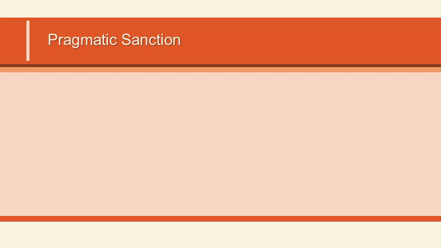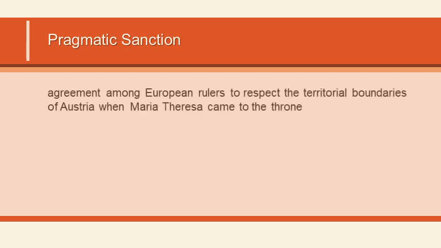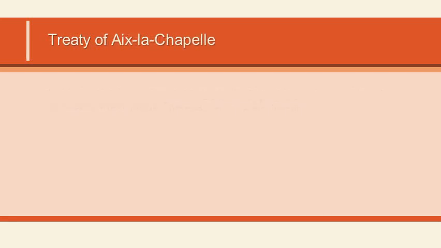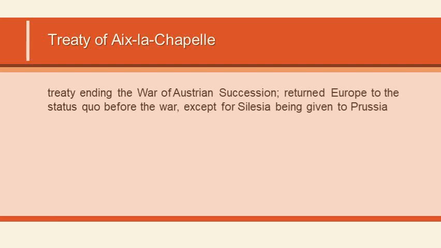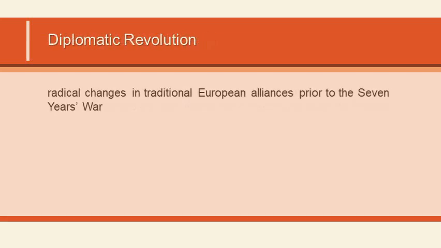The Pragmatic Sanction is where Charles VI of Austria is trying to protect his granddaughter. Was that daughter? Sorry. Treaty of Aix-la-Chapelle, the resolution of this. So status quo ante bellum.